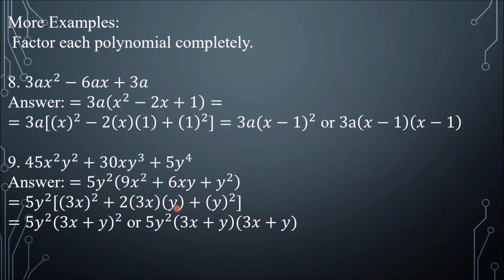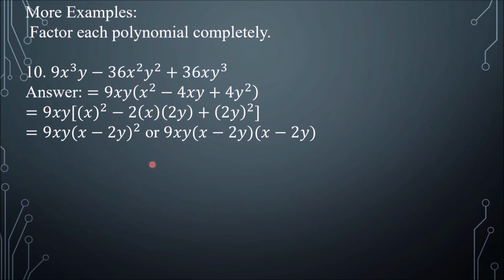Now this y will be used in our last term, y squared, in order to get y squared. Simplifying that, we have 5y squared, 3x, that's the first term, y is the last, and then plus, so 5y squared times 3x plus y times 3x plus y. That's the factored form of number 9.